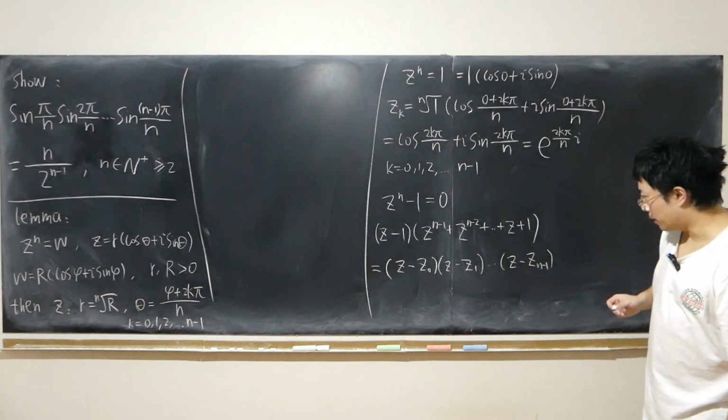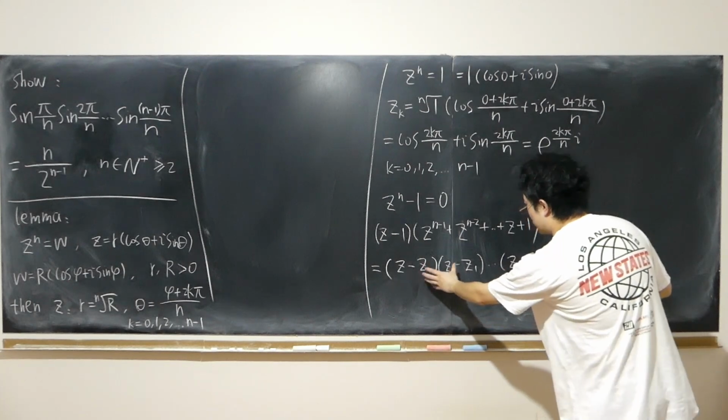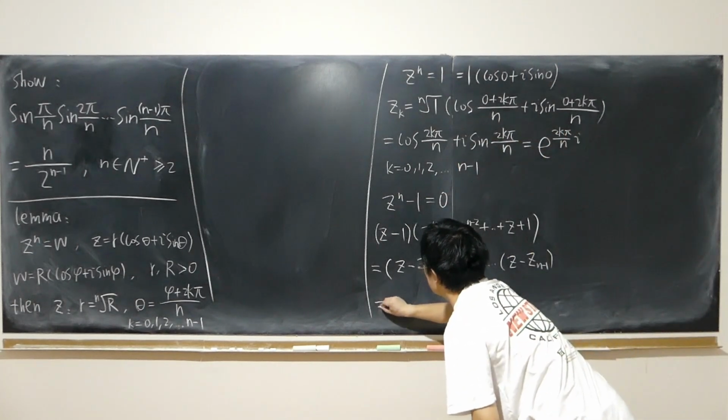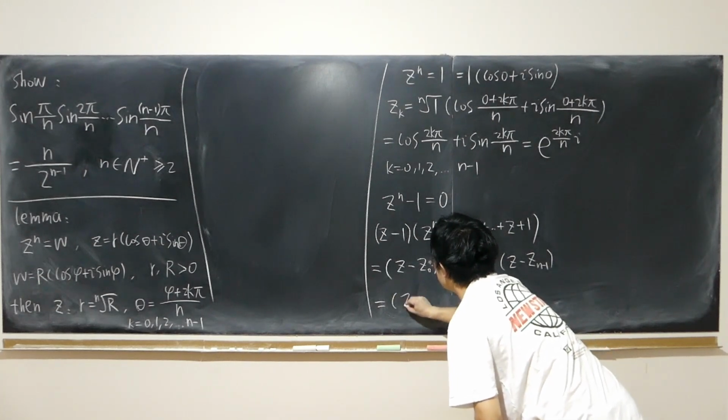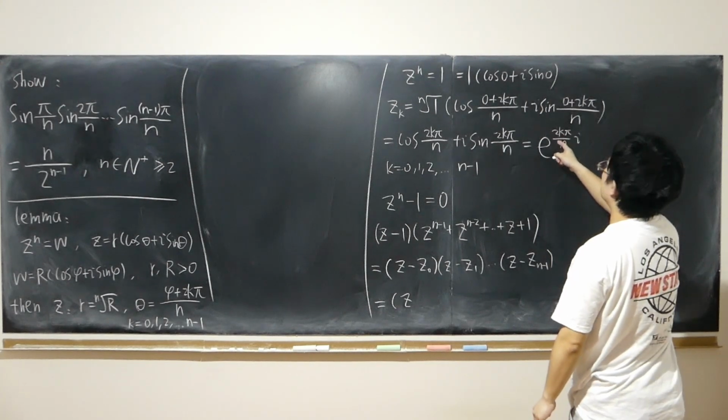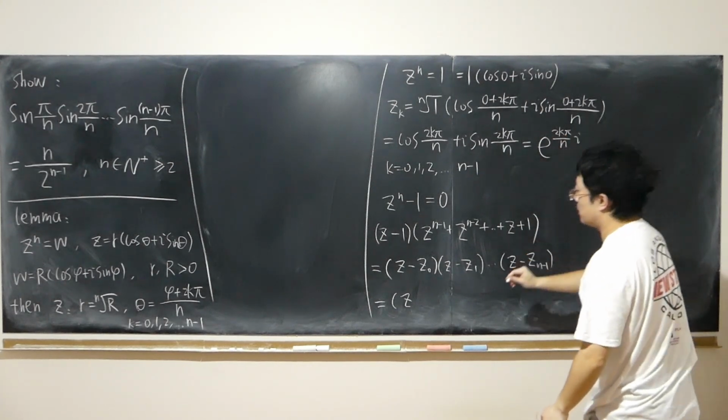Remember each root is given by the exponential form, so z naught, where k equals 0, is e to the 0, that's 1.